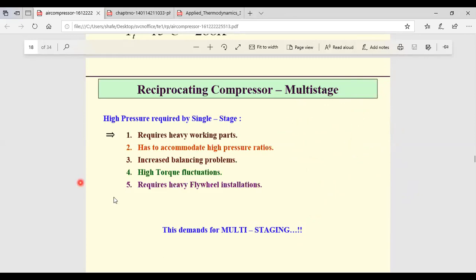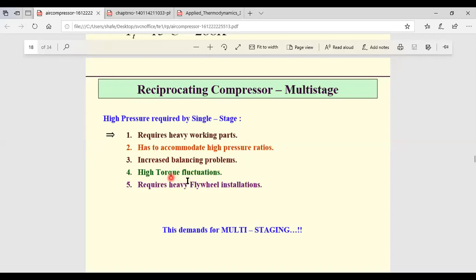Now see here, these are the disadvantages. If I want a single big stage of compressor, it requires very heavy working parts. It has to accommodate very high pressure ratios. Whenever the size increases, there are obviously balancing problems because it's a reciprocating machine, so there is vibration. You have something called the balancing problem.